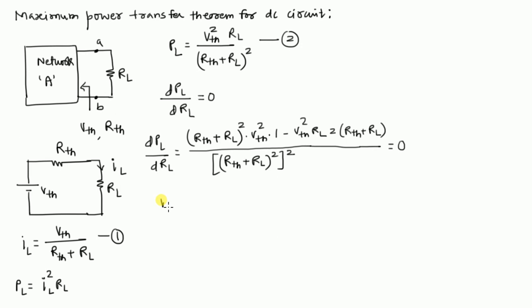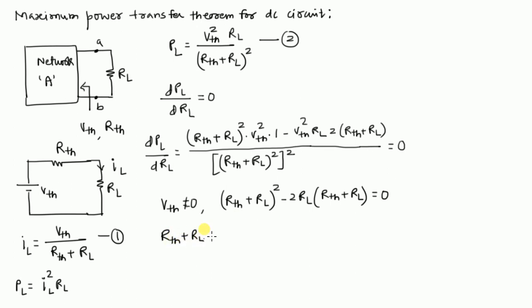So we can see VTH square cannot be 0 or VTH cannot be 0 because it is Thevenin voltage. So now in numerator (RTH plus RL) square minus twice RL into (RTH plus RL) is equal to 0.